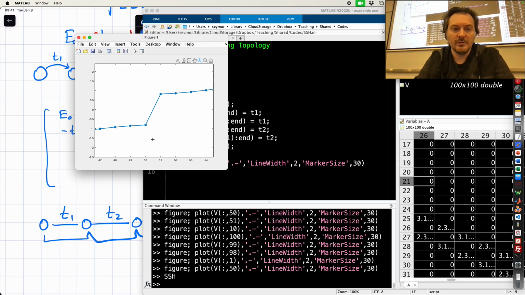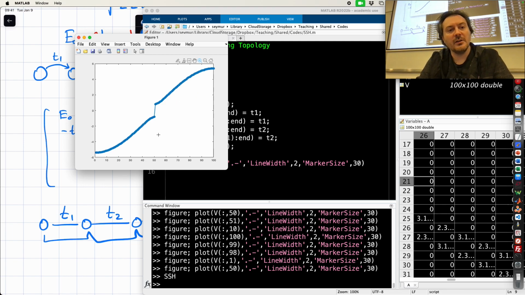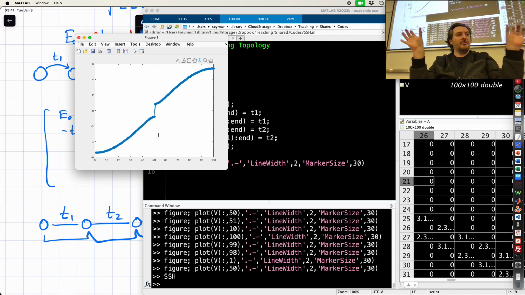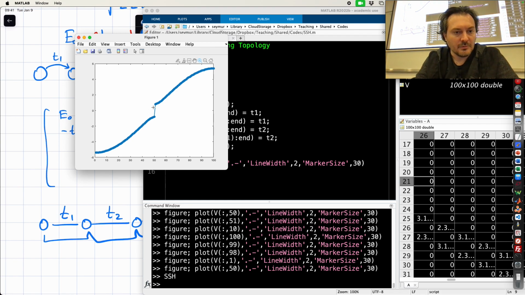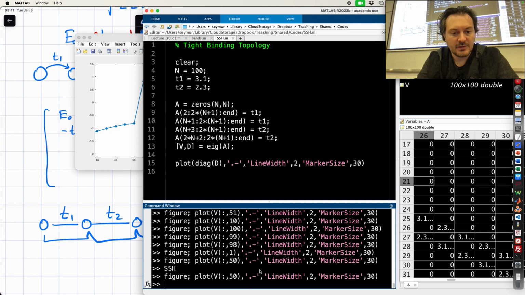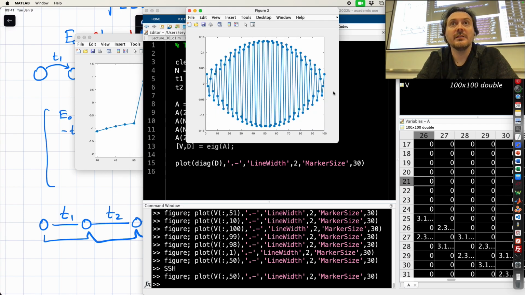No. Okay. Yes, because now we have triple bonds at the edges, and it's a topologically trivial state when you have that one. So we can still plot 50 and 51. We are going to see that they are different. It's not localized at the edges.